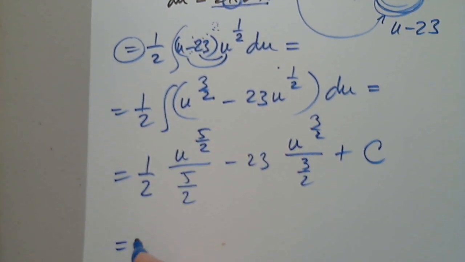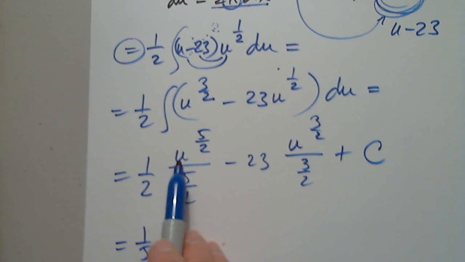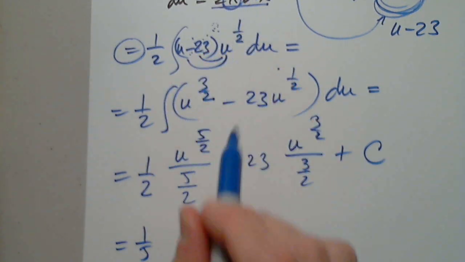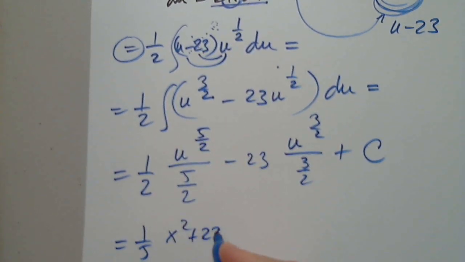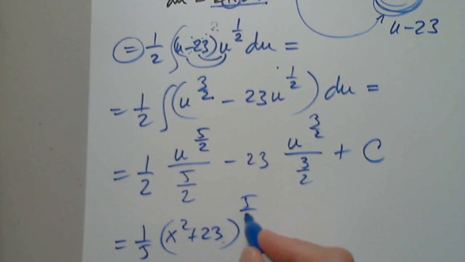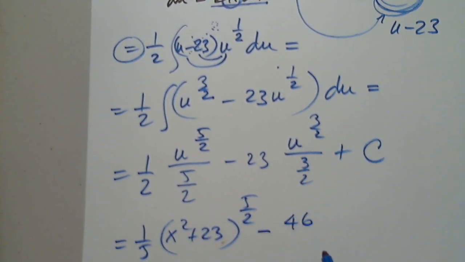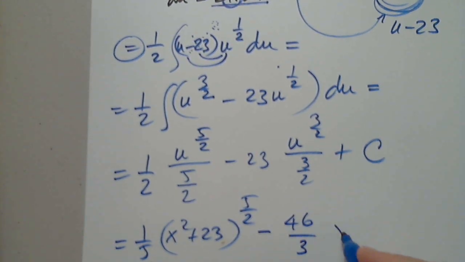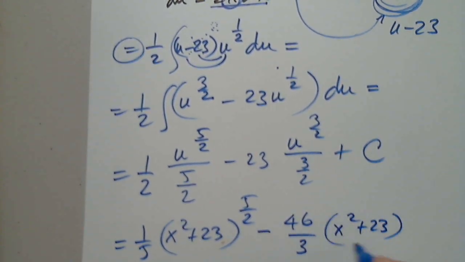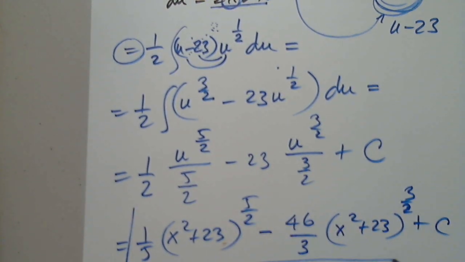Flip and get 1/5. Replace u by x squared plus 23 to 5/2. Flip, minus 46 over 3, x squared plus 23 to 3/2 plus a constant c.